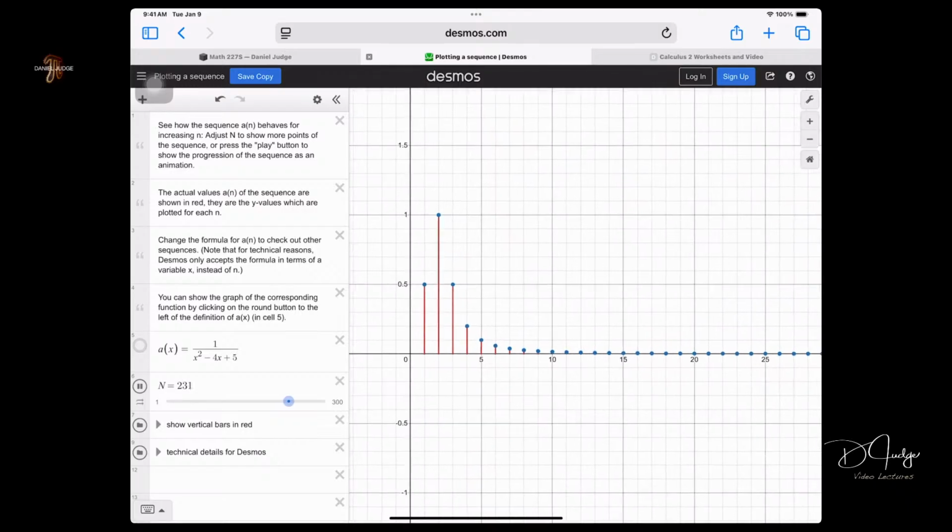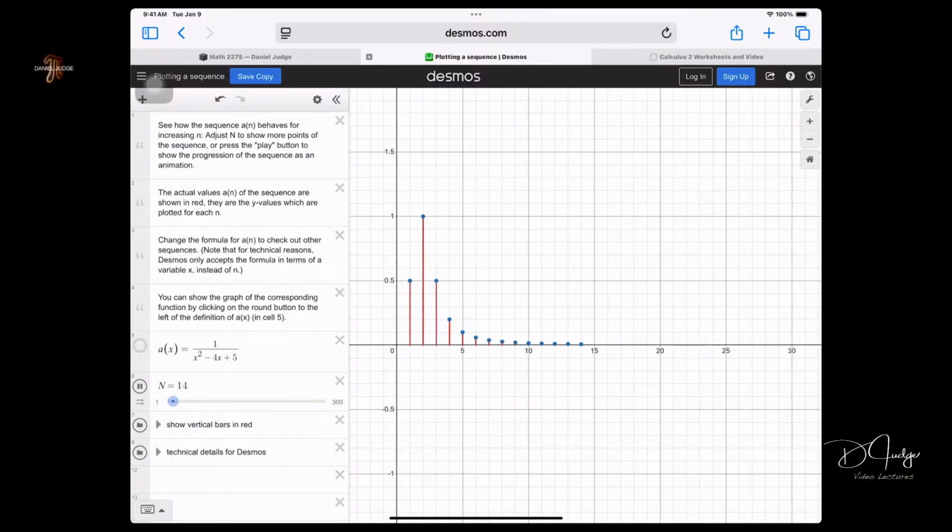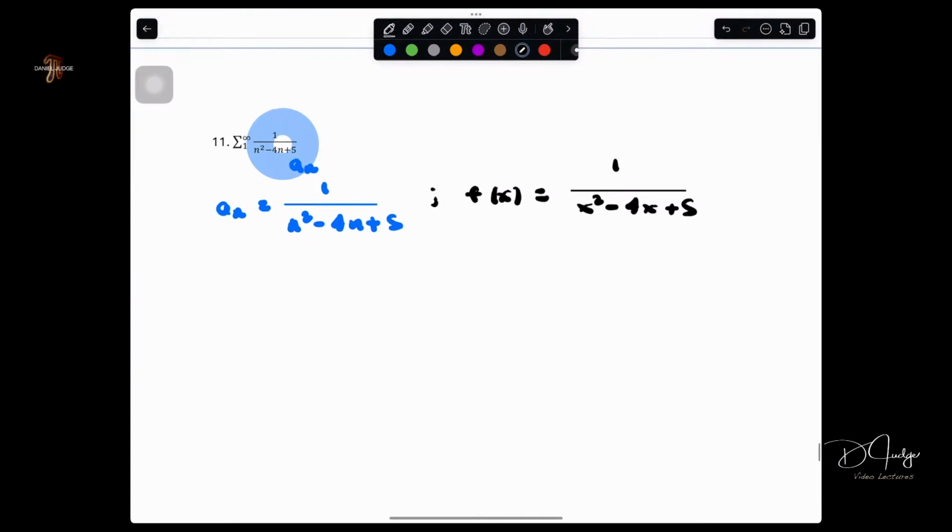Now, you may say, hey, this is not decreasing completely over the interval from 1 to infinity. So what we can do is notice that f is decreasing starting at the value 2 to infinity here.